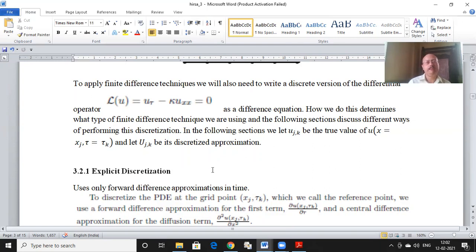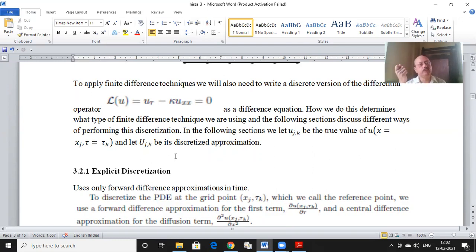What will be our notation? Our notation is that small u jk is the true value of the function u at this point x equal to xj and tau equal to tau k. That's the true value. And capital U is the discretized approximation value. So if we are approximating, we use the capital symbol, and if we are using the true value, we use small.